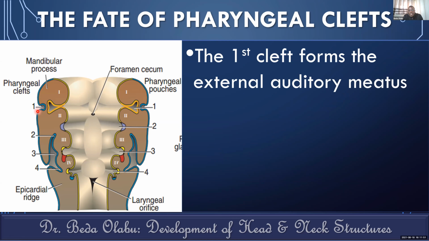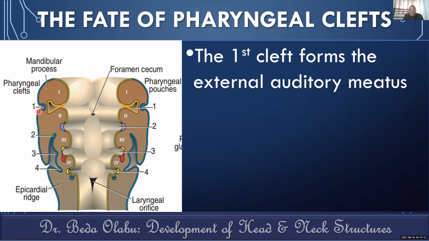So I want you to understand that the first pharyngeal cleft basically forms the outer ear, either the meatus, what we call the auditory canal, or the pinna. The pinna will arise from the edges of the meatus.